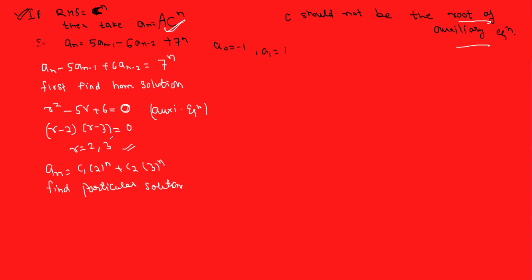But C is not equal to R. That's why you can use this formula. So what? A 7^n. Understood? This is the particular solution.